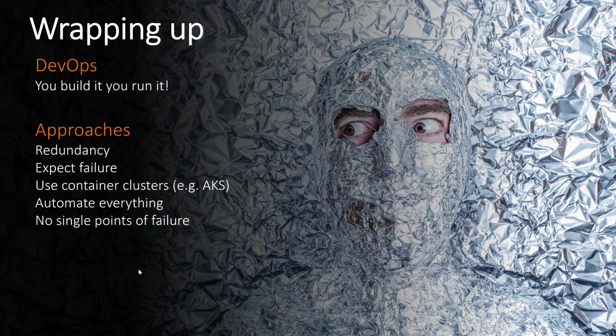We automated just about everything. Not only the source code was delivered automatically, but also the infrastructure, and even the failover was completely automated. That eradicated a lot of human error opportunities. And just as a last point, do not have any single points of failure anywhere.